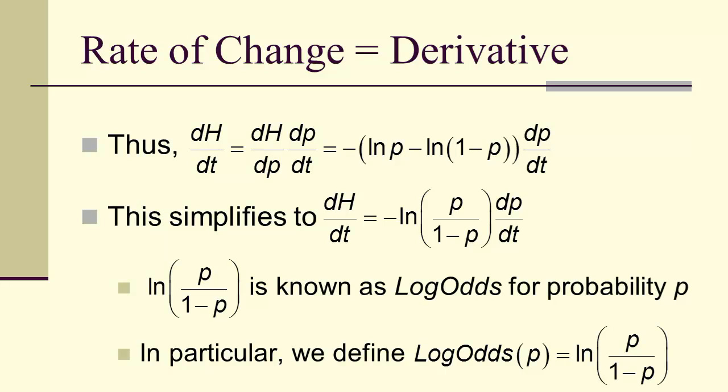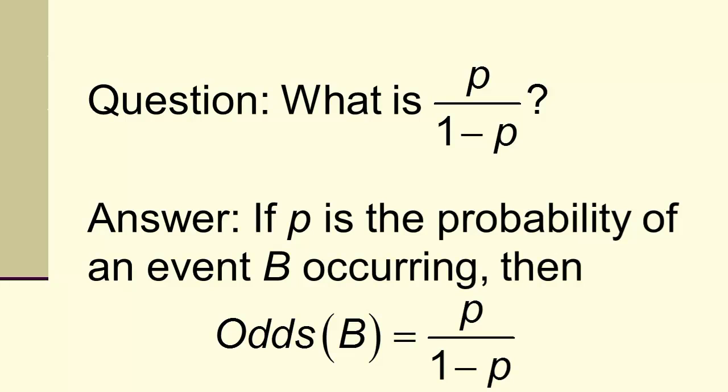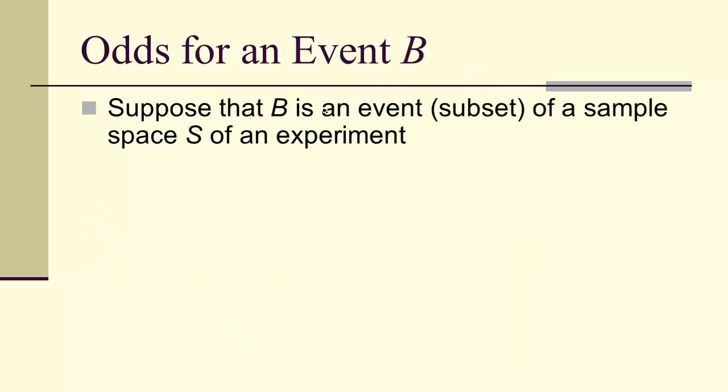And in particular, we're saying that the log odds of p is the natural log of p over 1 minus p. But what is p over 1 minus p? If p is the probability of an event B occurring, then p over 1 minus p is the odds of B occurring. So let's look at this concept of odds.